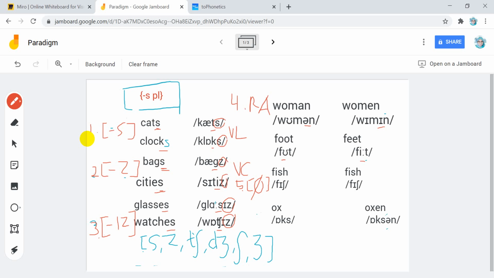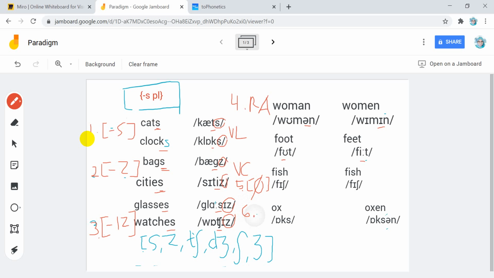Also, if you use the word sheep, I have 2 sheep. One or more is pronounced as sheep. So it doesn't change anything. The last paradigm is here.